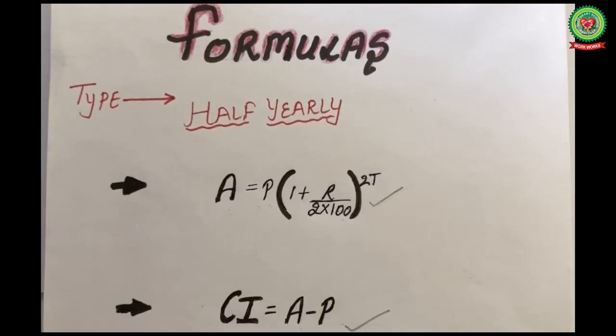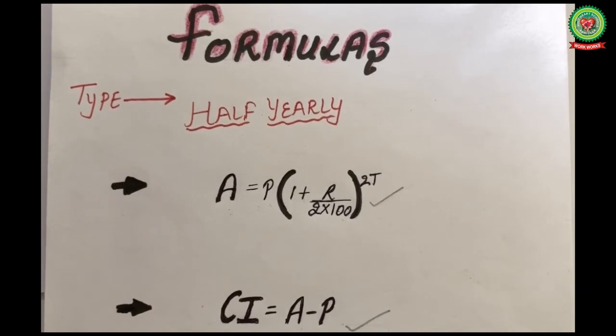The formulas for calculating amount and compound interest in case of half yearly are A is equal to P bracket 1 plus R upon 2 into 100 bracket close raised to power 2t. CI, that is compound interest, is equal to amount minus principal.